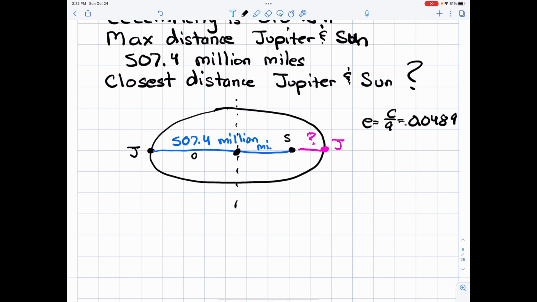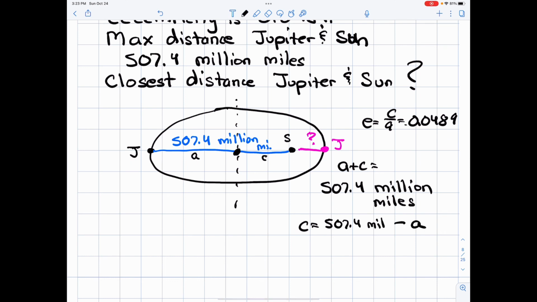Over here, that distance would be A. This distance would be C. Like the distance from the center to one of your foci, that would be your C. We know A plus C is the 507.4 million miles. So that tells me that C is 507.4 mil minus A, if I just subtract A from both sides of that.